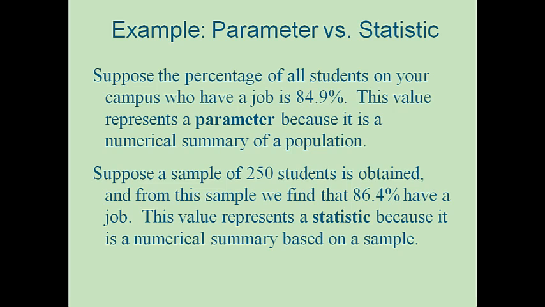And from this sample, we find that 86.4% have a job. This value represents a statistic because it is a numerical summary based on a sample. And you'll notice the two values are fairly close. So it's not too big of a stretch to look at our smaller sample and apply the result to the larger population.